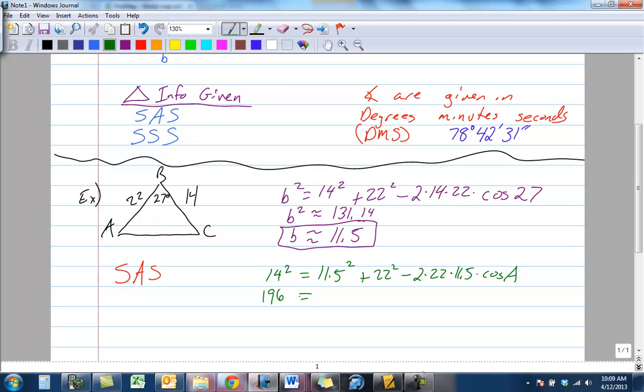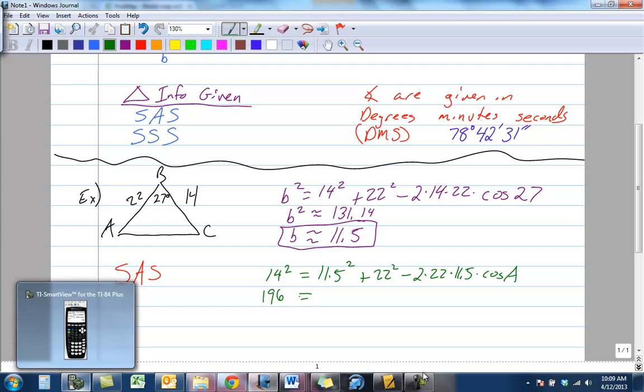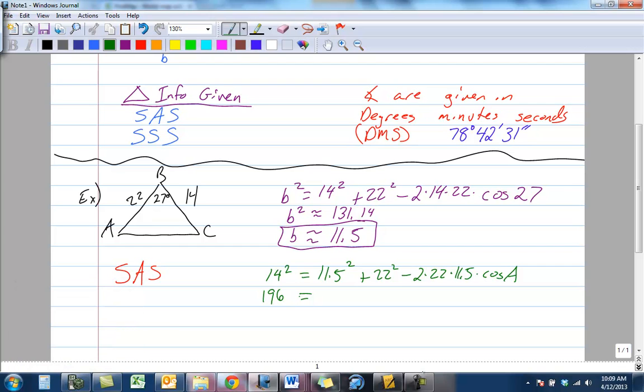So we'd have to multiply 2, 22, and 11.5. We have to handle this thing on its own, but then these two things are being added. This is a different group of things going on here, right? So we'd have to multiply these and add these. Pull out your calculator, do 11 and a half squared plus 22 squared.